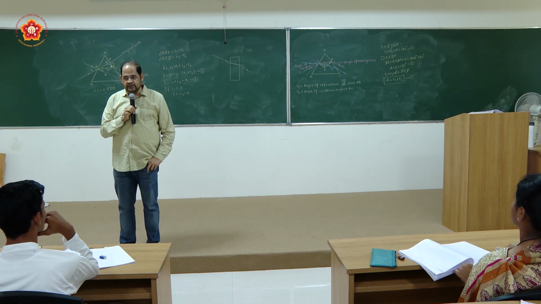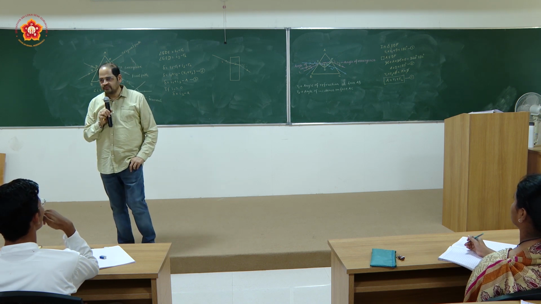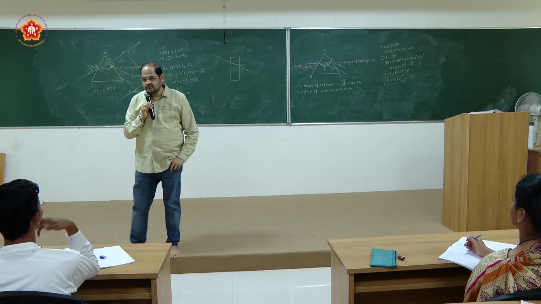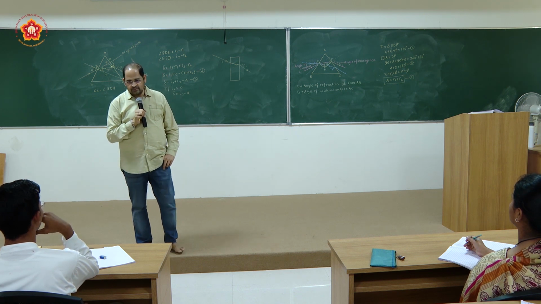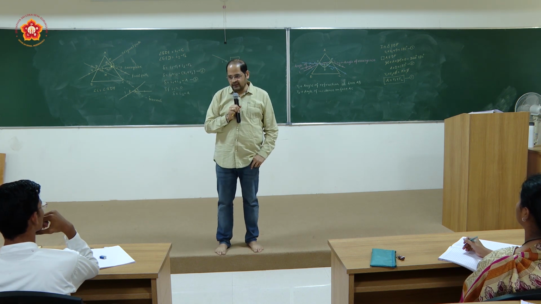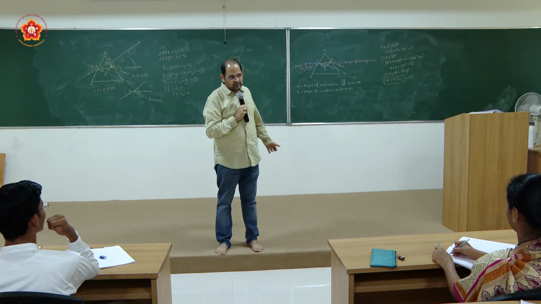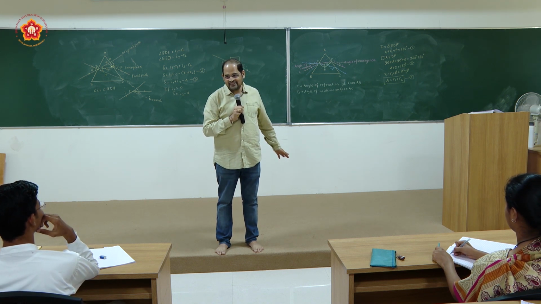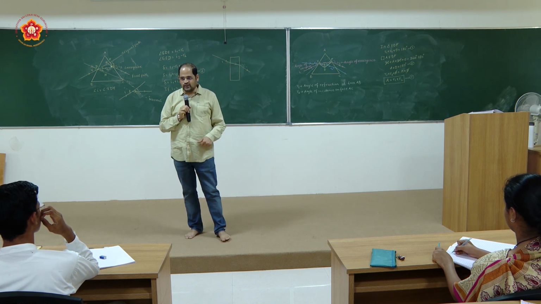So what is the angle of prism here? What do you mean by angle of prism? The angle between the two refracting surfaces. So what is the angle of prism here? It is not a prism because the angle of prism is 0.